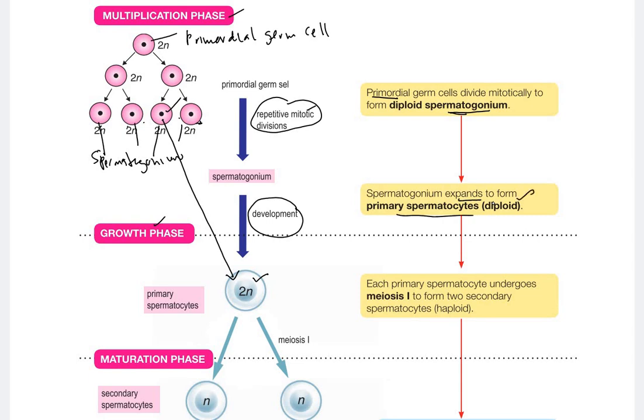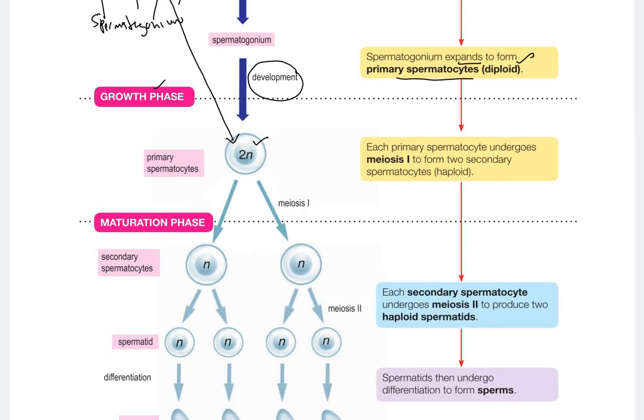So diploid. Okay, then what happens next is it goes into the next phase, that is the maturation phase, where in this case each primary spermatocyte undergoes meiosis 1 to form 2 secondary spermatocytes, haploid.